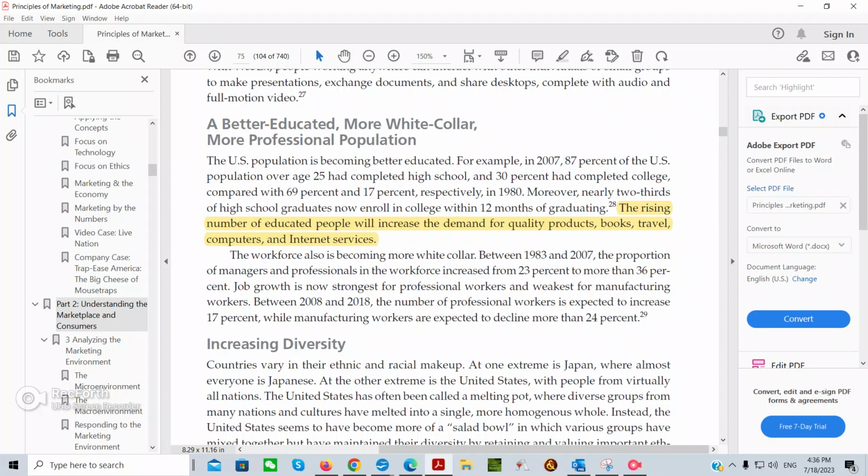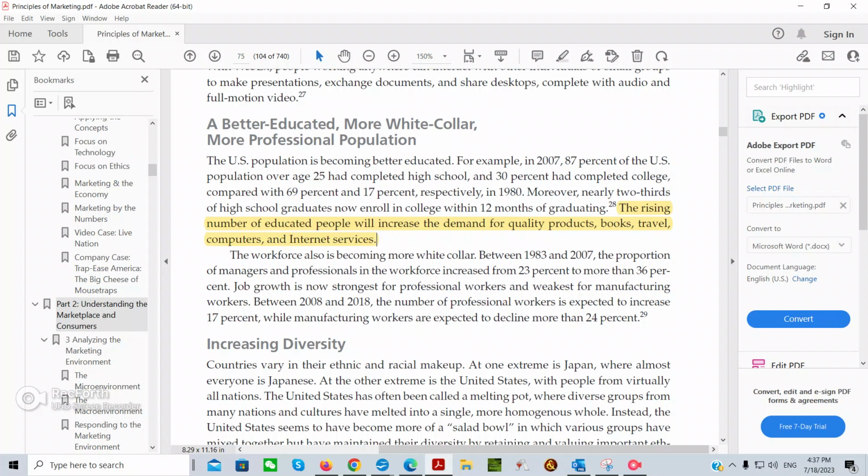I'll give you an example. Being a software programmer, you don't need to go to college for that. You can do self study and learn online, or you can go to a coding boot camp, pay a fraction of what it would cost to get a degree, and you can qualify to work in that field.